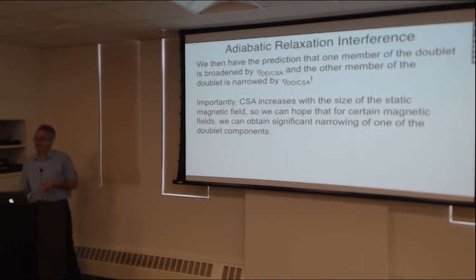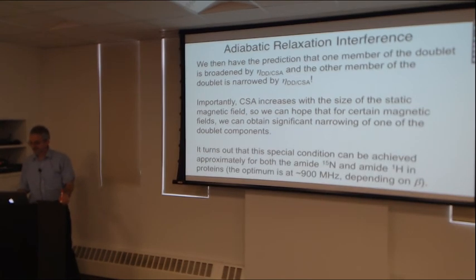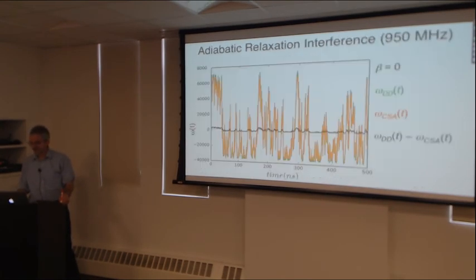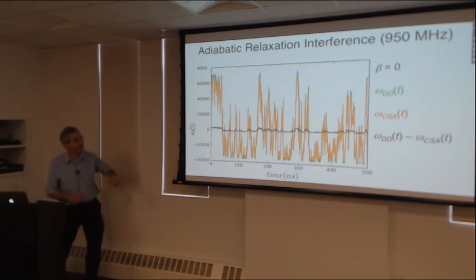As we make the magnetic field bigger and bigger, C gets larger, but D is independent of the field. So our hope is to find a field where C and D cancel each other so that the line becomes very narrow. And here's just an example of the simulation that I did.